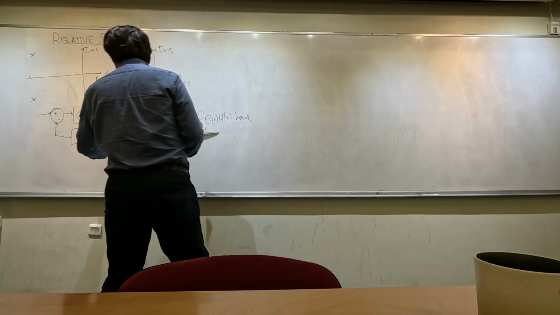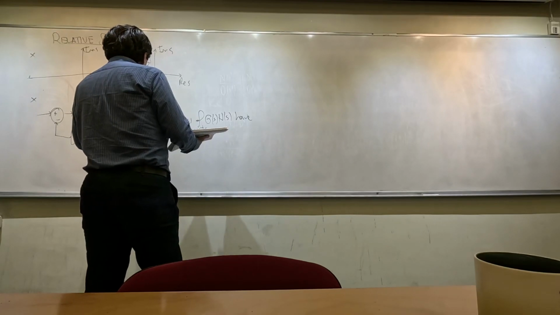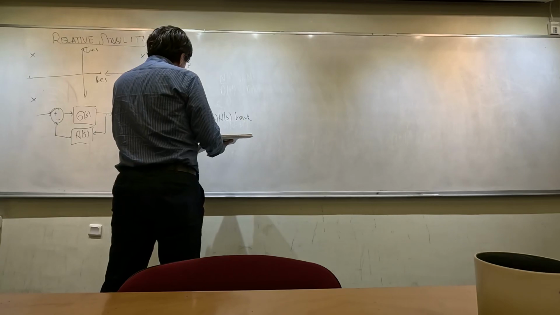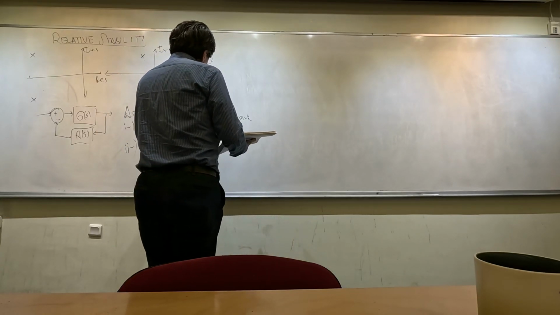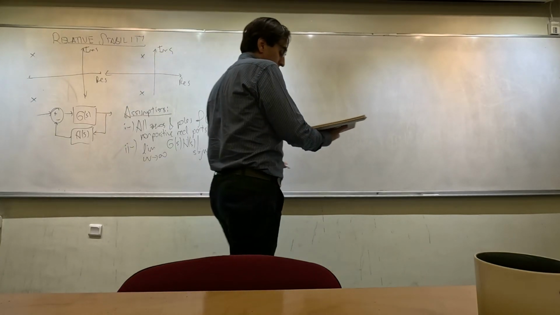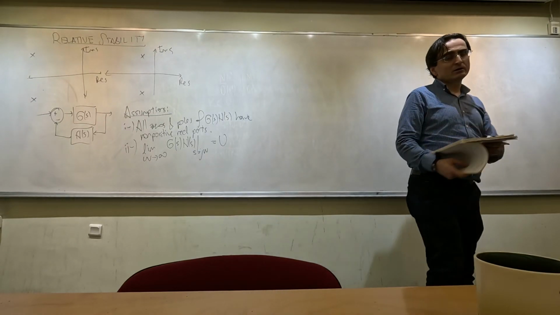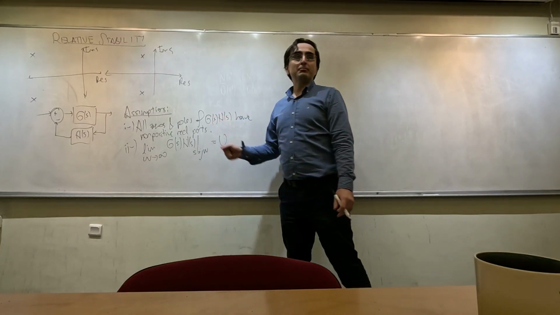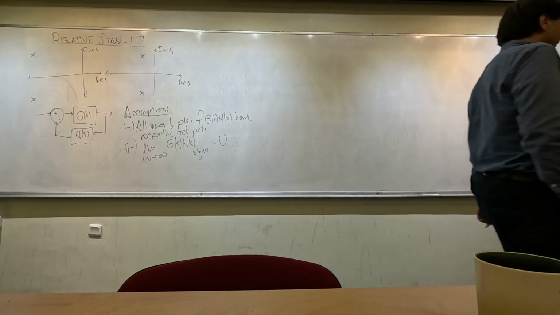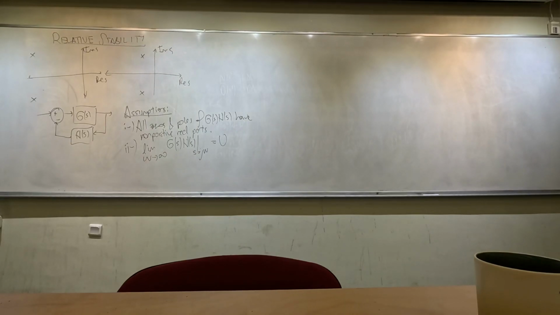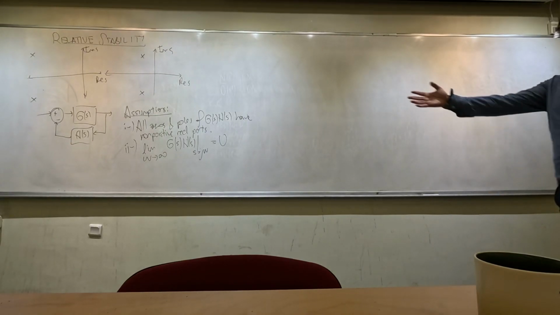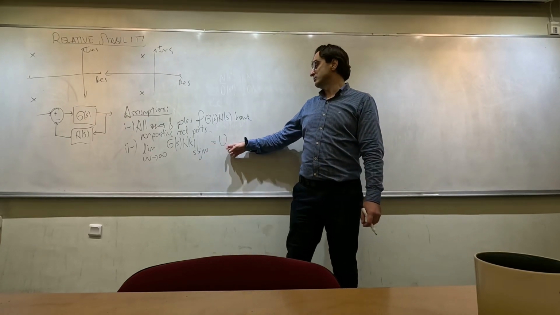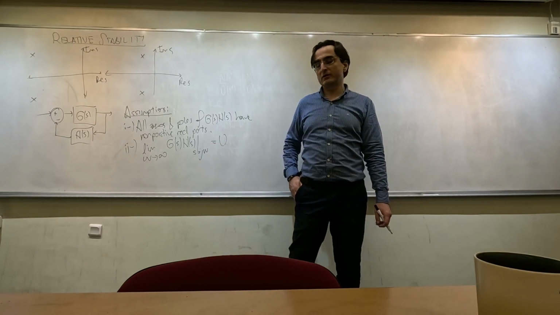Okay, this is our first assumption. And the second assumption is the limit as omega goes to infinity of G(s)H(s), with s equals j omega, goes to 0. In some way we are assuming that all zeros and poles of G(s)H(s) will be non-positive, and we are assuming that there are more poles than zeros.